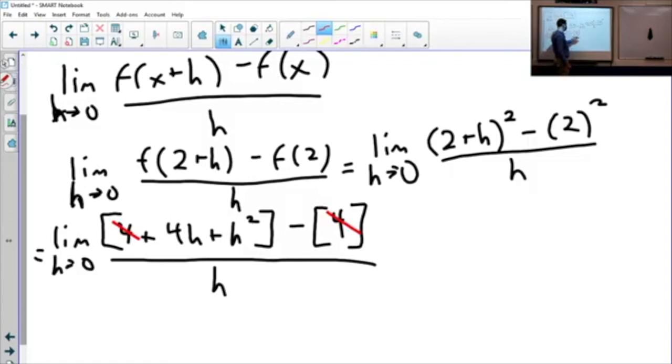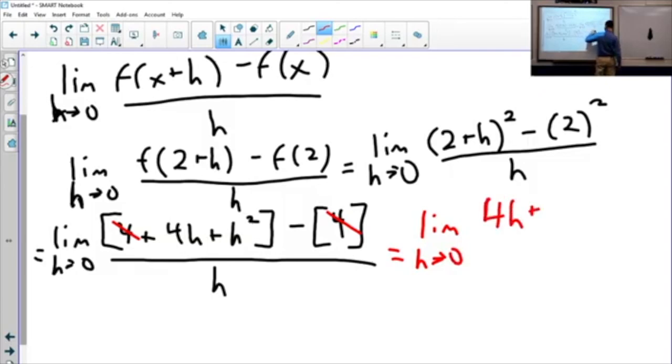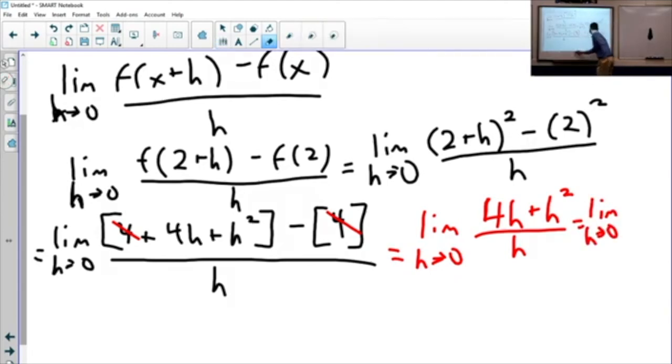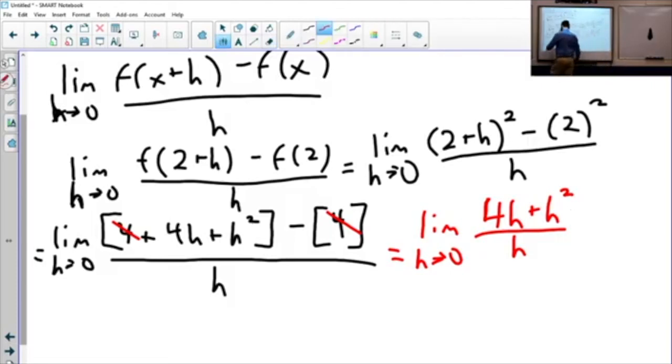Cancel. 4h plus h squared, all over h. Oh, well, that means one more line here. That means that I can factor an h out of the top. 4h plus h squared.